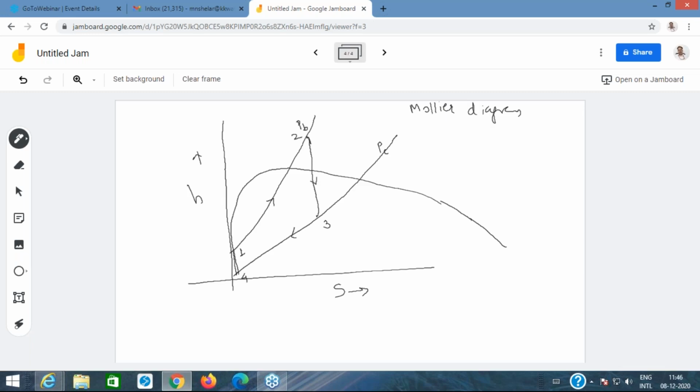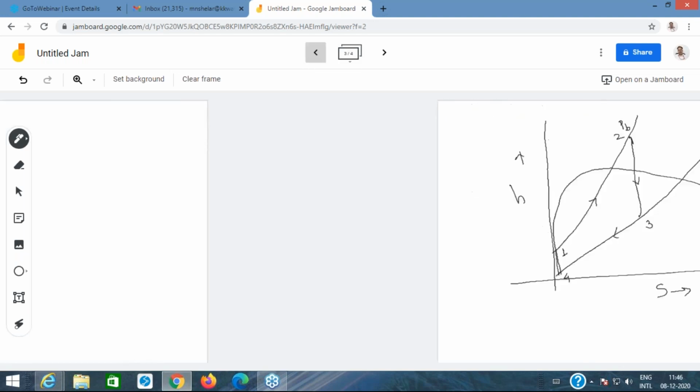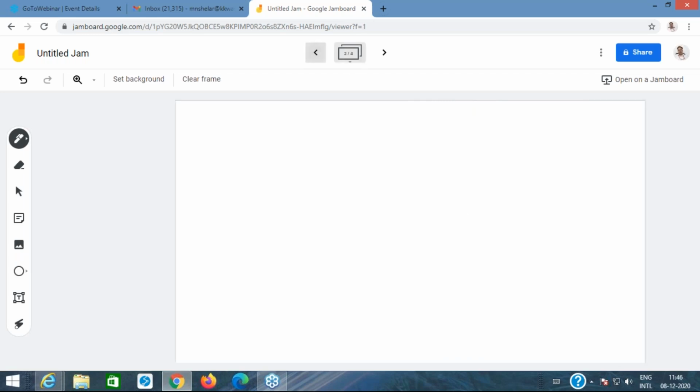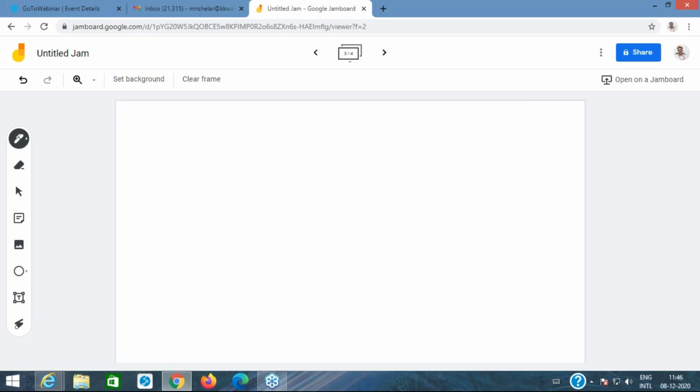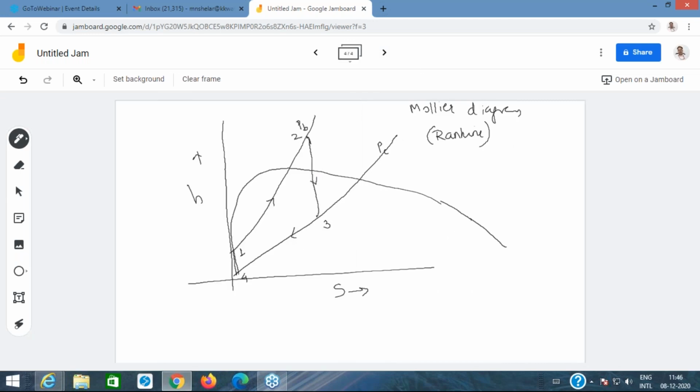So 1, 2, 3, 4 is a representation of the Rankine cycle on the Mollier diagram or the enthalpy entropy diagram. We won't be using this more. We would be using the temperature entropy diagram often for solving the numericals, but you should also be comfortable with the diagram which I had drawn, that is the enthalpy entropy diagram.